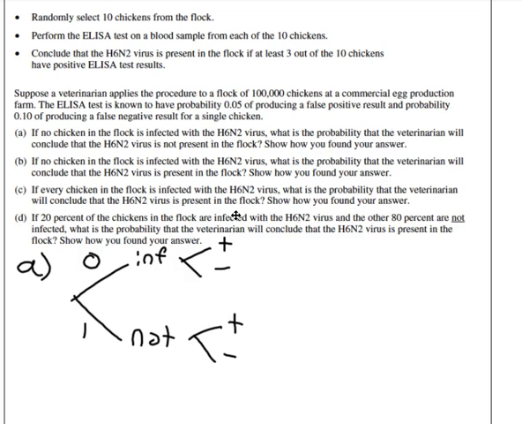Well, the ELISA test has a probability of 0.05 of producing a false positive. A false positive means determining that it has the disease when it actually doesn't. And a probability of 0.1 of a false negative. So it has the disease and the test doesn't determine that; it comes back as not sick.